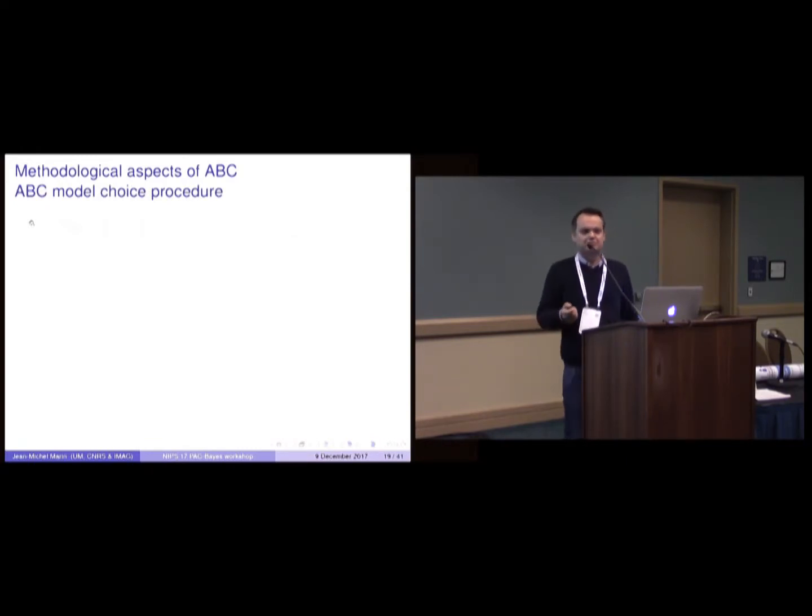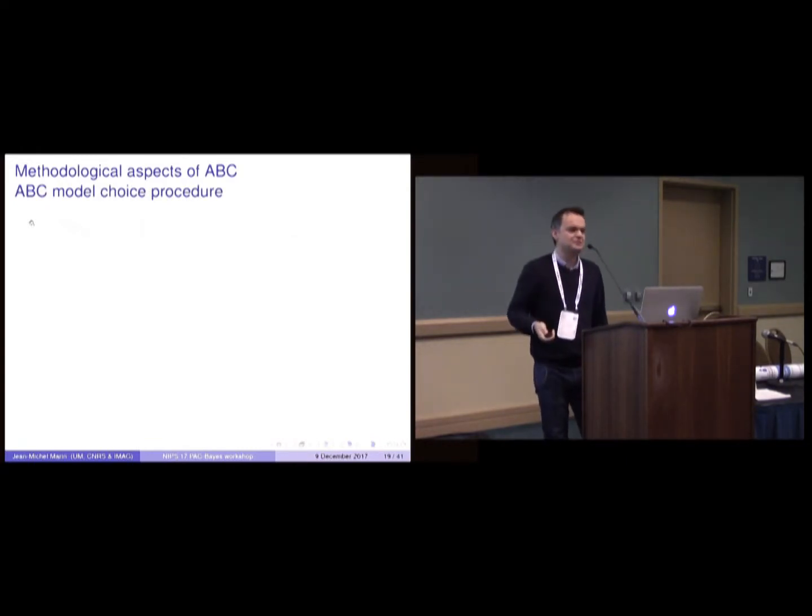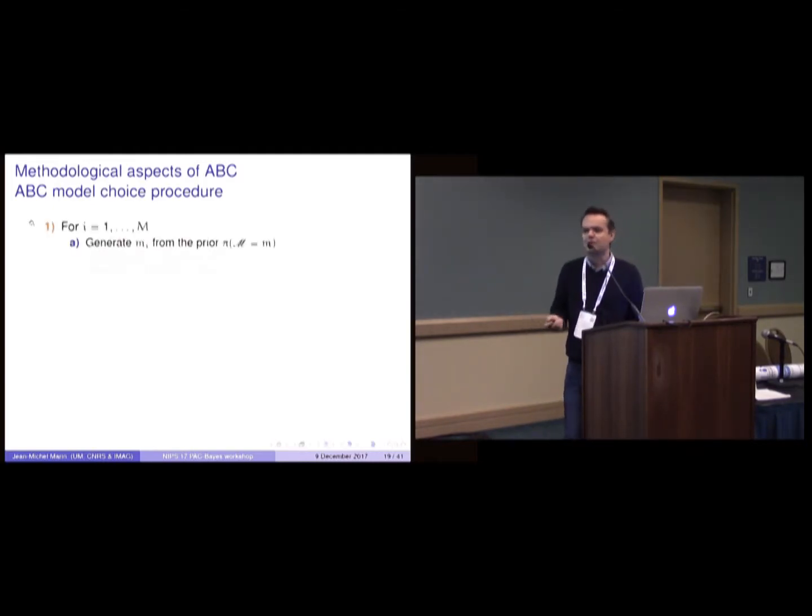You have also some possibility to do some model choice within this paradigm, and this is the same. So we are in the Bayesian paradigm, so we probabilize the model space, so you have a prior distribution on the model space. You simulate a model index using the prior, you simulate a corresponding parameter using the prior, which is now indexed by a model, and you simulate a data set according to the likelihood which corresponds to the model you just simulated.